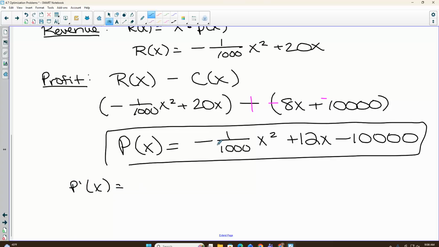Alright, so bring down the 2, negative 1 over 1,000 times 2 would be negative 1 over 500. Subtract 1 from the power such as x. Derivative of 12x would be 12. Derivative of 10,000 is 0. So we do our derivative equal to 0.